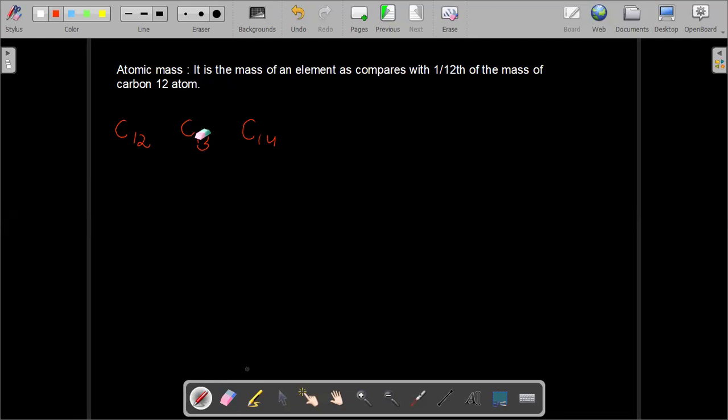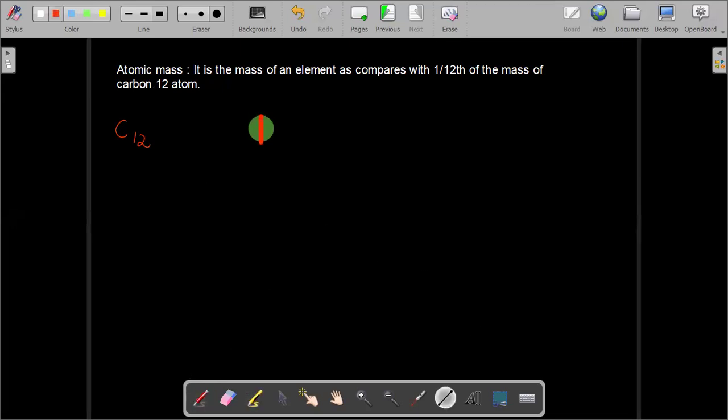Now, from the carbon 12 atom, we try to compare the mass of an atom with the atom of carbon 12. Let's say you have a carbon 12 atom here. Whatever be its mass, I divide its mass into 12 parts.